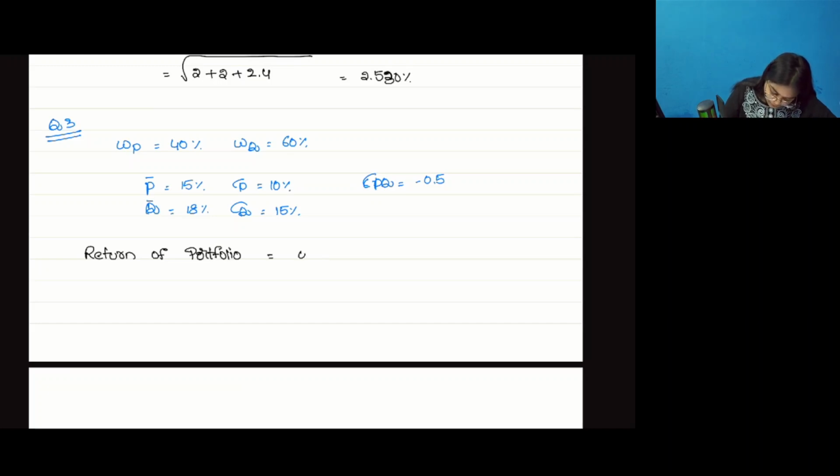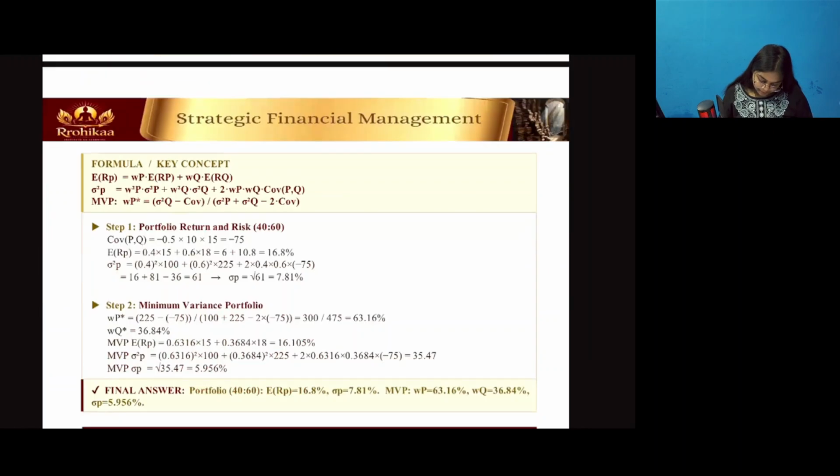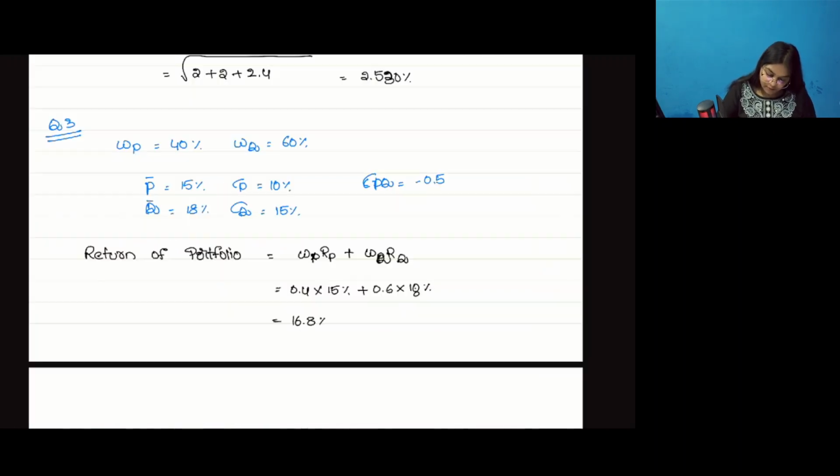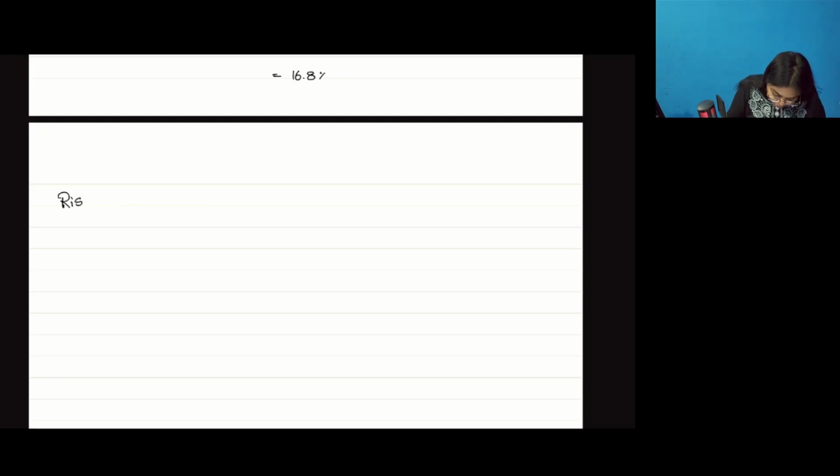Equal to weight of P into return of P plus weight of Q into return of Q, that is 0.4 into 15% plus 0.6 into 18%, that is 16.8%. Return of portfolio is 16.8%.